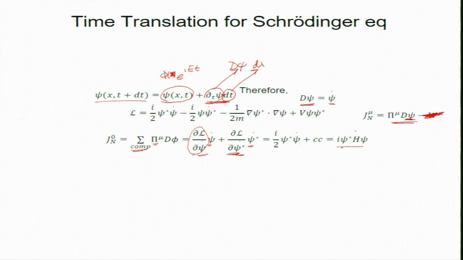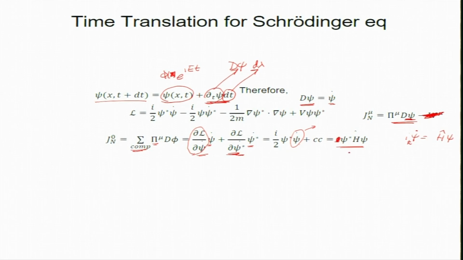So that is why we get a real thing. I h bar psi dot is h psi, the Schrodinger equation, where I am getting rid of h bar. So there is no i here.